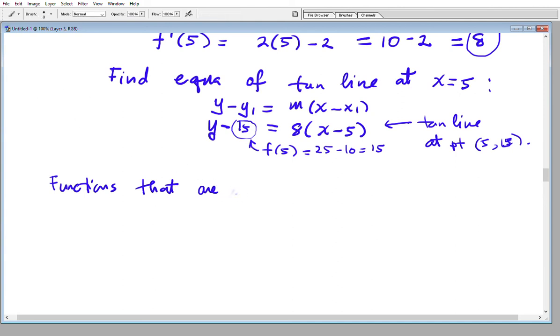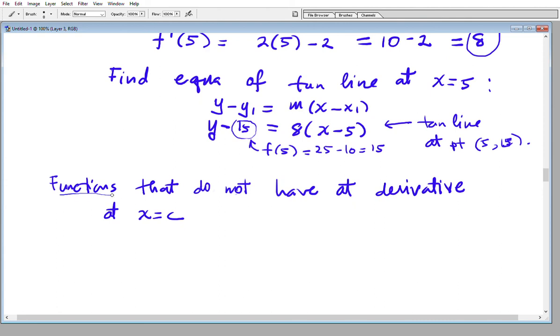Or let's say more simply, do not have a derivative at a point. At one specific point, at x equals some value. So we want to just look at examples like that.